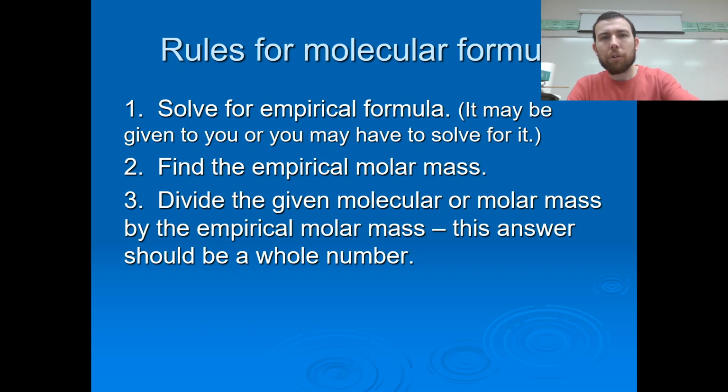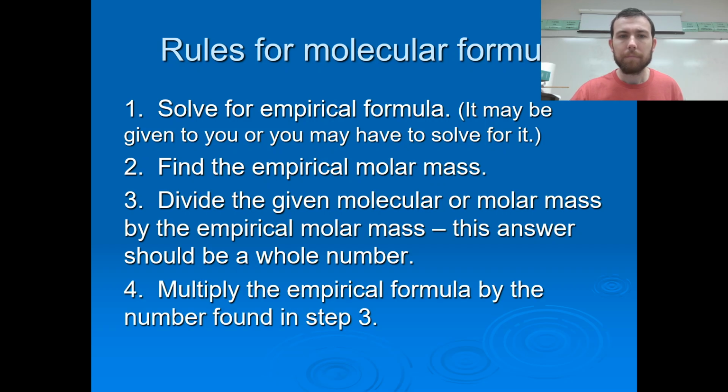And so the empirical formula you found in step 1, you're going to take, you've got the empirical molar mass that you found in step 2, so you're going to take step 2 divided by step 1, and this answer that you get should be a whole number when you're calculating molecular formulas at this particular case, right?